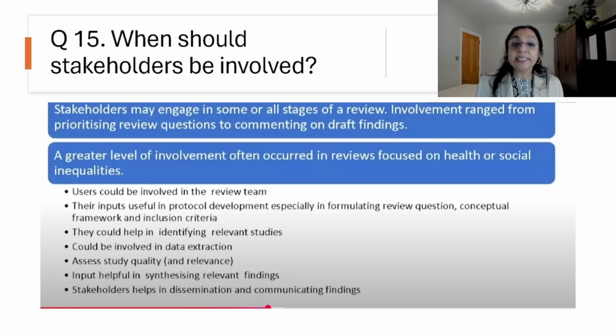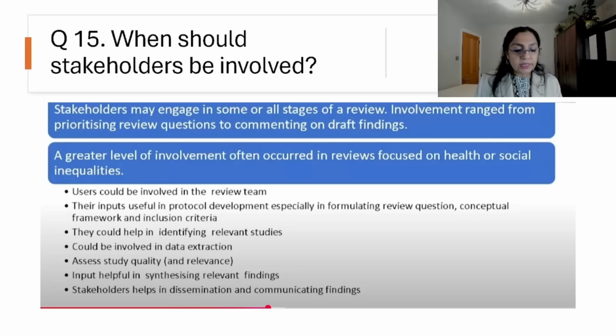They could help in identifying relevant studies. Not every stakeholder can do this, but if they are from a research background or are practitioners, they are able to identify relevant studies, and could be involved in data extraction. They also can be involved in assessing study quality and relevance. Some of them may require training or guidance, but they could be involved in this process.